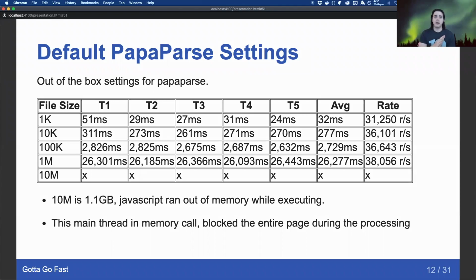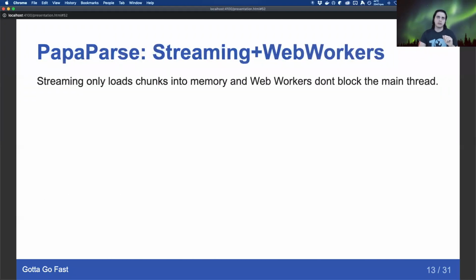The other problem with PapaParse was this out-of-the-box call was in memory, which is why it ran out of memory. And it also blocked the page. So still not great. After testing a bunch of the different configurations for PapaParse, we found the best one to be streaming.